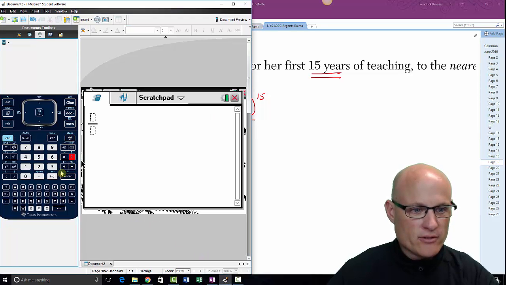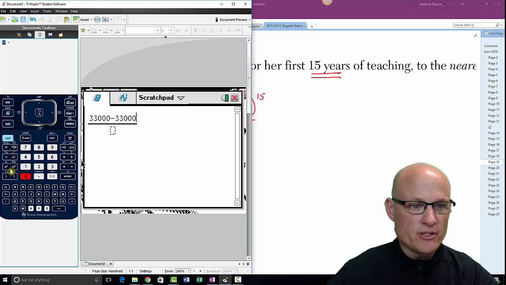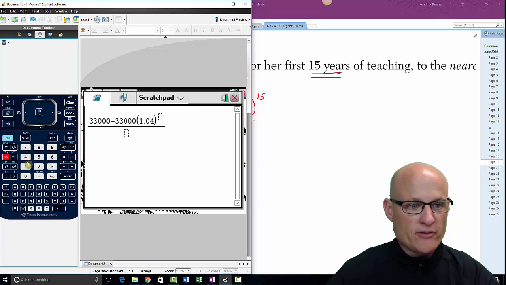33,000 minus 33,000 times parenthesis 1.04 parenthesis raised to the 15, all over 1 minus 1.04.